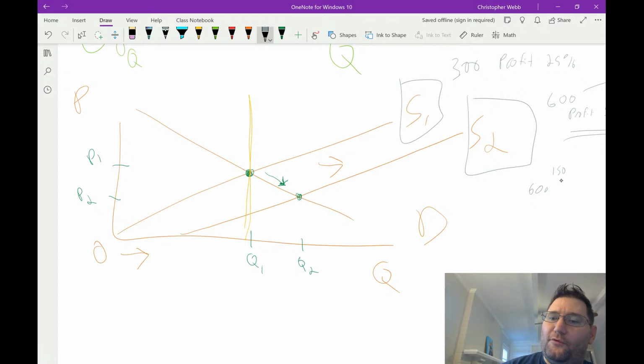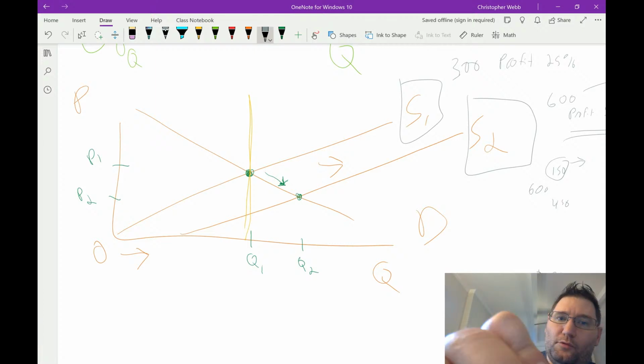So we have 450 left. If supply increases, which means it goes out from zero and causes a price drop, and we have 150 people leaving the market, we're now going to decrease that supply.